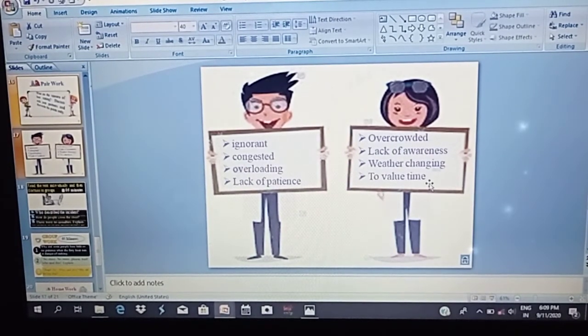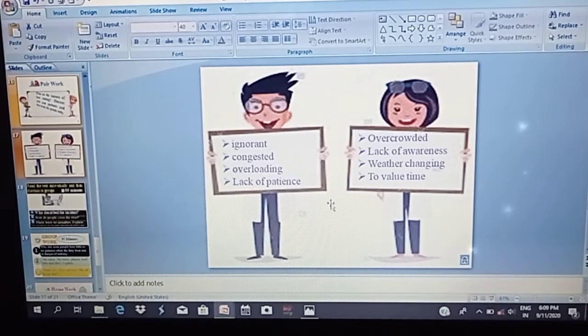Another point is the value of time. In our country, most people do not know what the value of time is and what the necessity of valuing time is. What is the benefit of showing value of time in our life? So I think these are the main points of this accident.